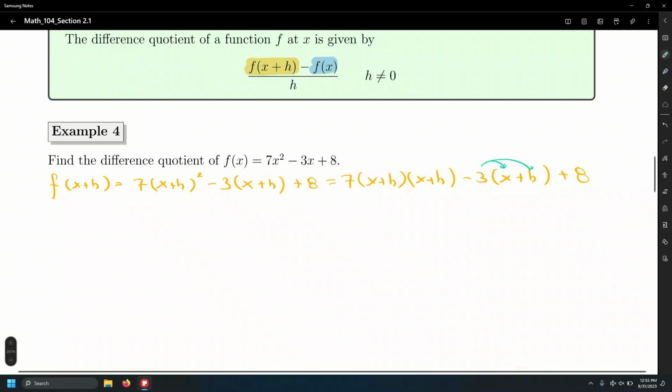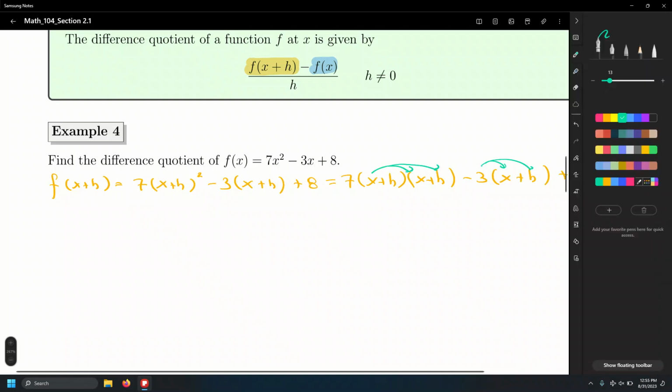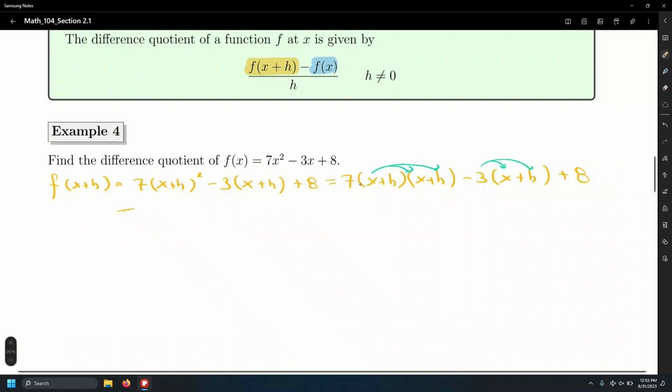And here we're going to do a foiling, x times x and x times h. So let me do one at a time. So number one, let's keep the 7 in the very front, 7 times. I'm going to open parentheses, and I'm going to write the result of foiling these two, that is x times x, which is x squared, x times h, that's, in alphabetic order, hx. So that's the foiling of the first two.